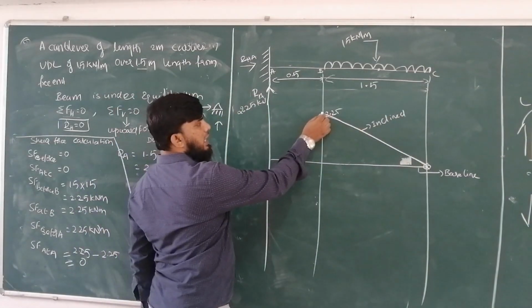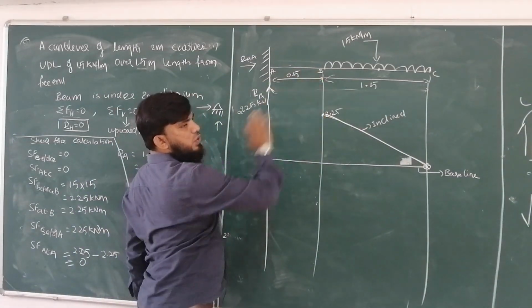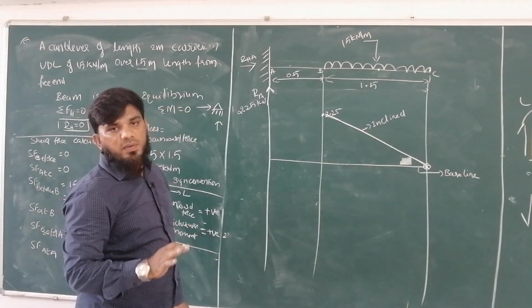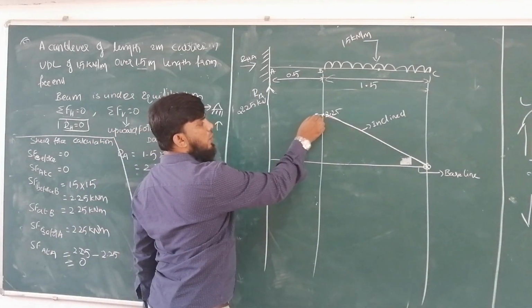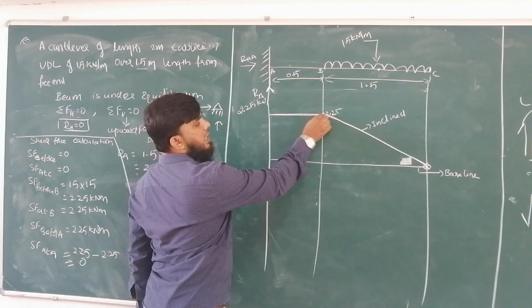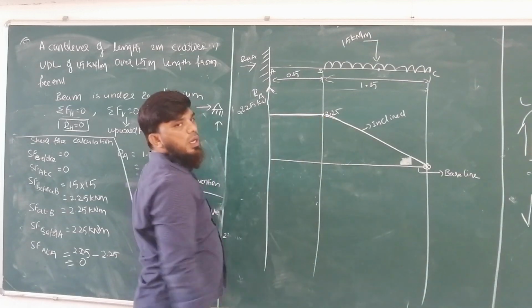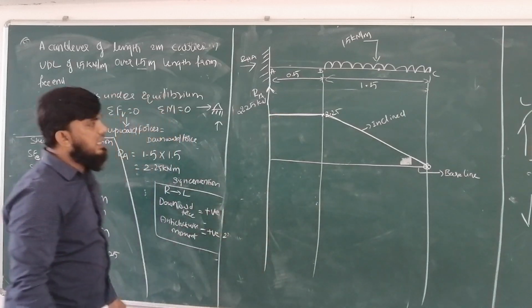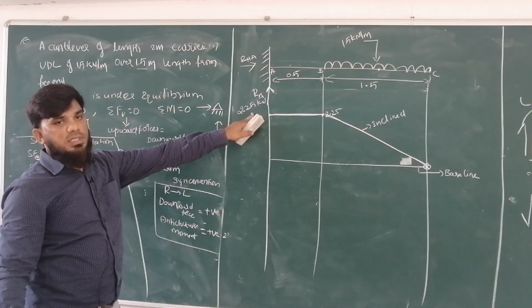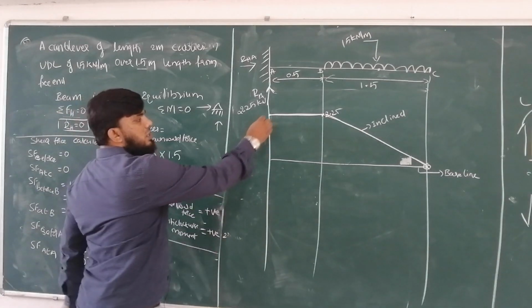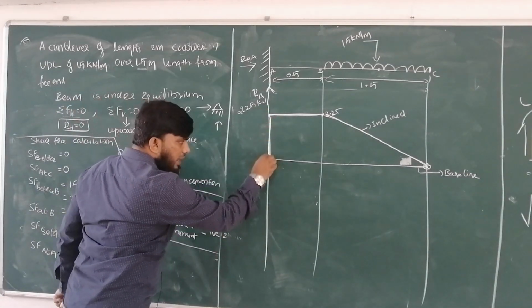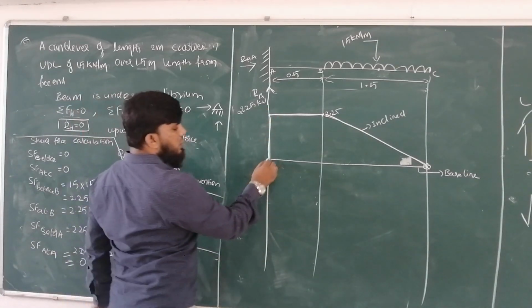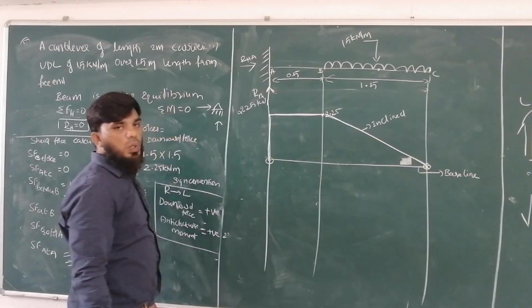After this, you see there is no load between these two points, so this force will remain constant. Coming to this point, you can see a vertical force is acting in the upward direction, so this is positive. This will try to bring it down, and this will join here, and this is 0.